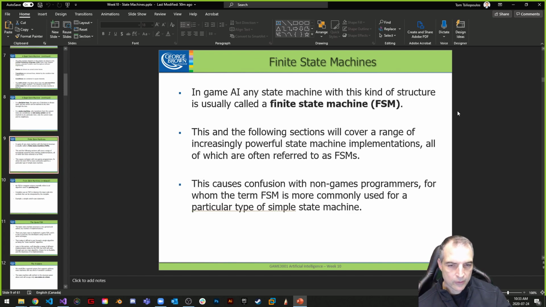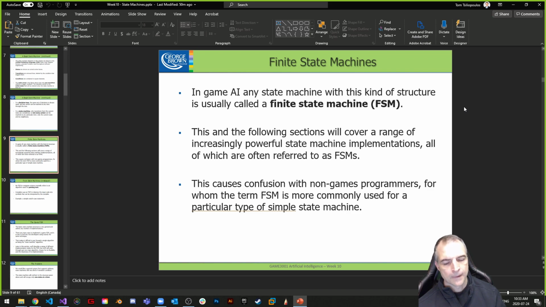We also talk about, in game AI, something called a finite state machine, and this is what we're talking about here. We're saying that there's a finite or limited set of options that an AI can take based on the conditions and the transitions that have been implemented or coded.